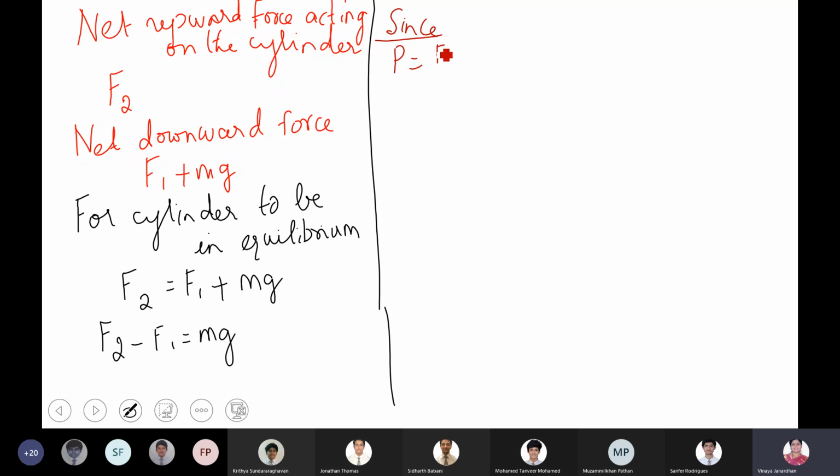Pressure is equal to F by A, the general formula, right? So force is equal to P into A. I can write this as equation 1.